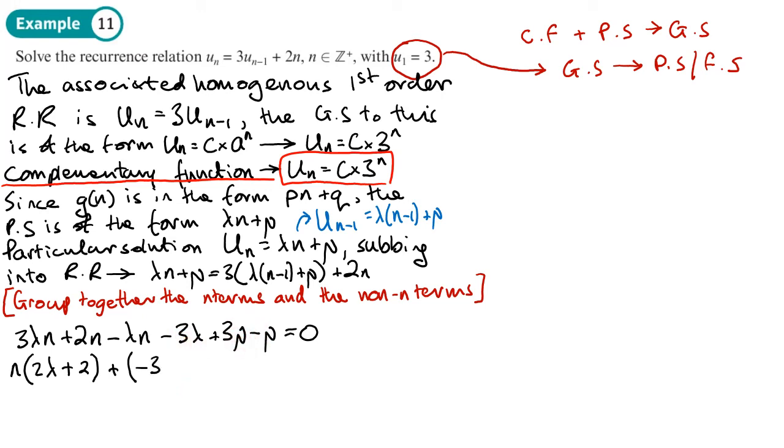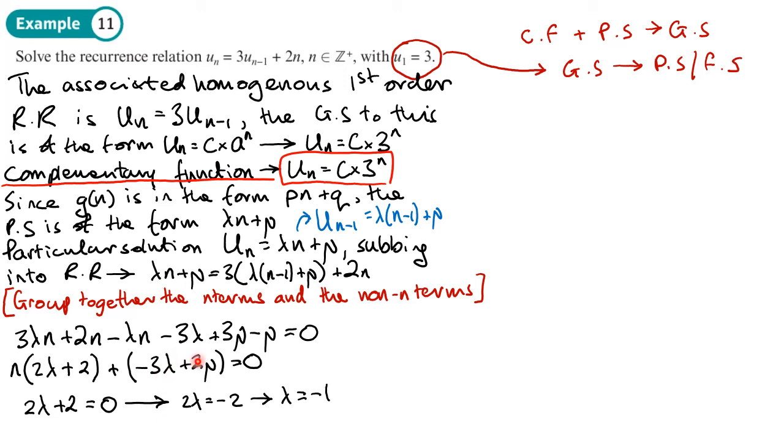So minus 3 lambda plus 2 mu, and all of that equals 0. Now what does that mean? Well, there are no n terms on this side, so this coefficient is 0, and there are no number terms on this side, so this coefficient is 0. So that gives me two equations. 2 lambda plus 2 equals 0, and from that I get 2 lambda equals negative 2, so lambda equals negative 1.